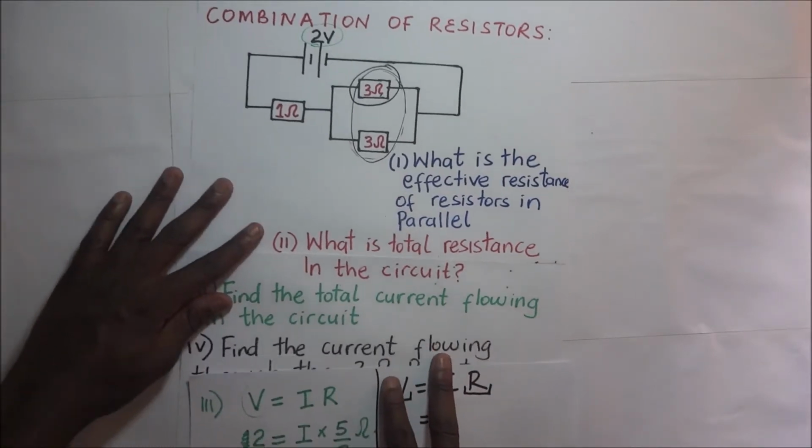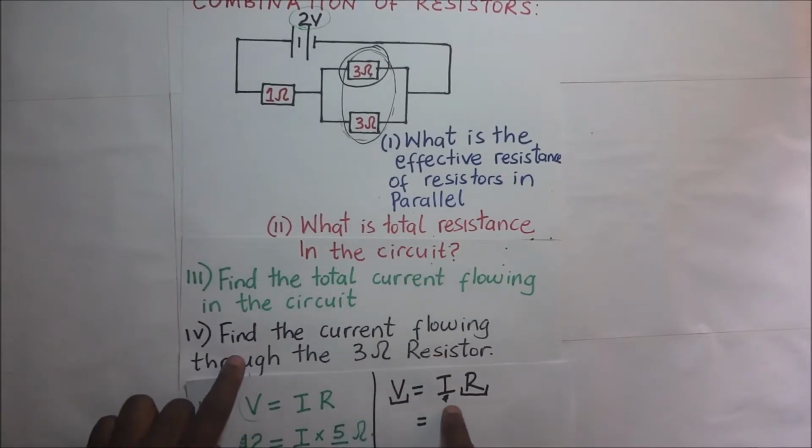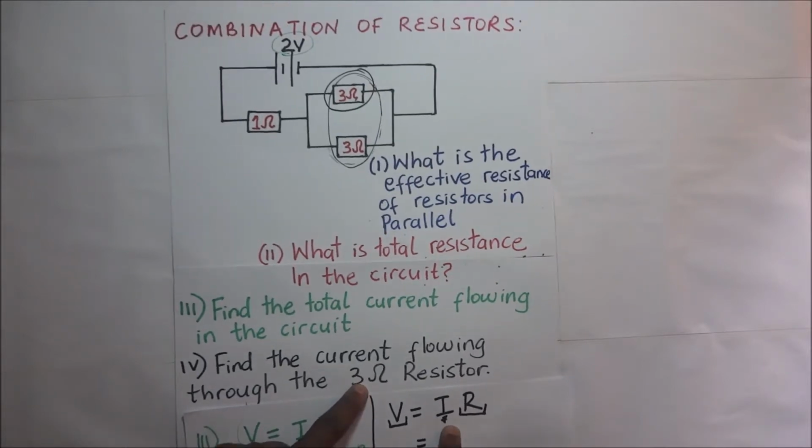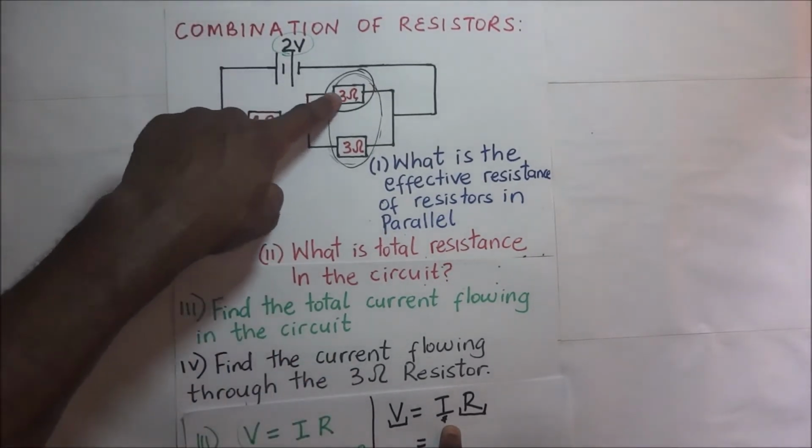But now, here in Roman 4, the final question is telling us to find the current flowing through the 3 ohm resistor. So it means here we are only concerned with how much current is flowing through the 3 ohm resistor.